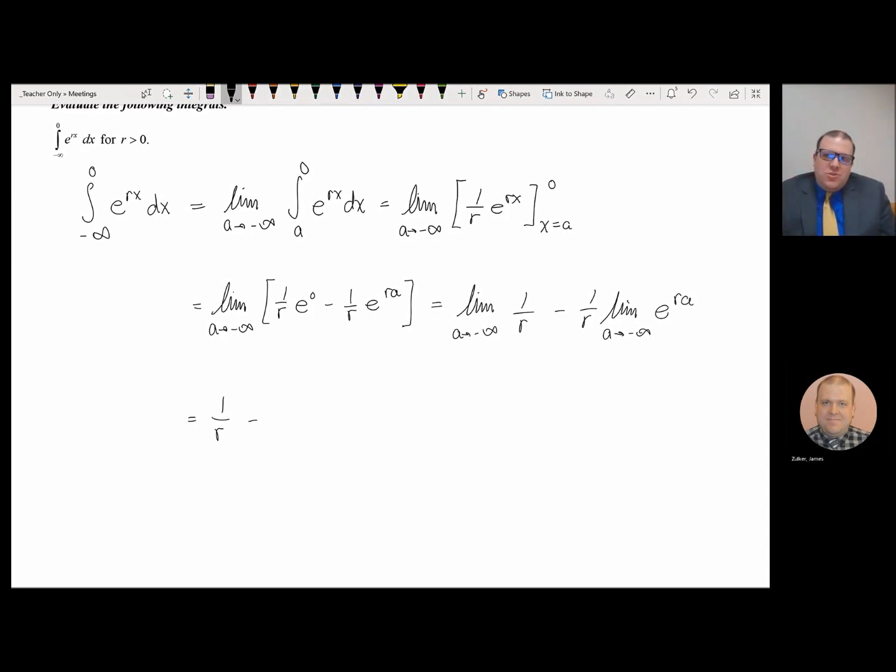As a gets larger, if r is 1, what happens to e to the a? But ignoring the negative part, I'm going to deal with that later. It's also getting larger, right? Because it's approaching negative infinity, that means the denominator is getting larger. So what's that limit? 0. So the integral is 1 over r.